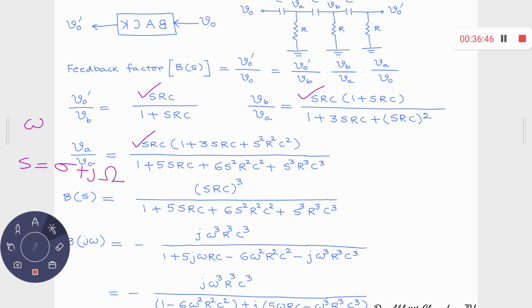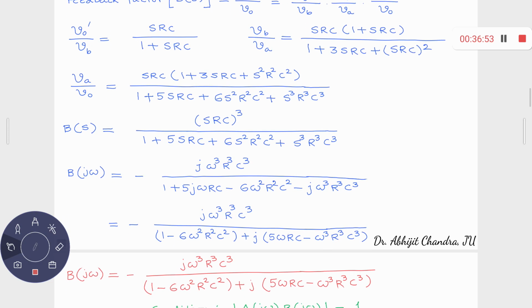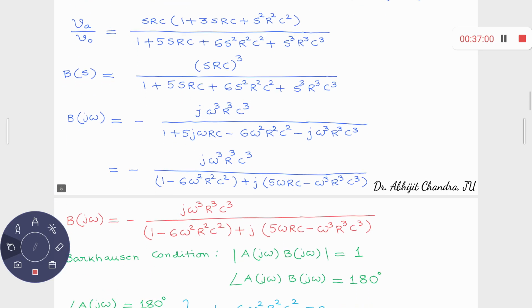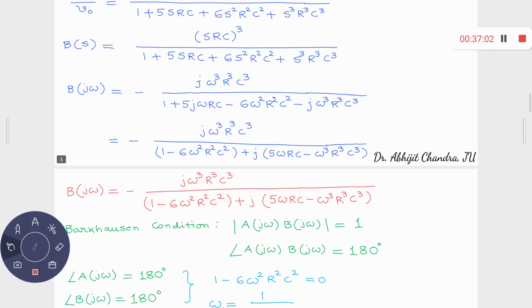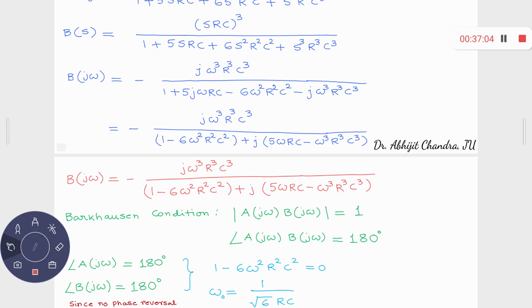So if you simply put S is equal to j omega, then what is B of j omega? J is equal to square root of minus 1. What do you get? B of j omega is equal to minus j omega cube R cube C cube upon this entire expression.